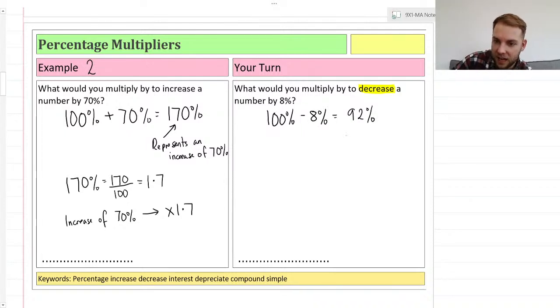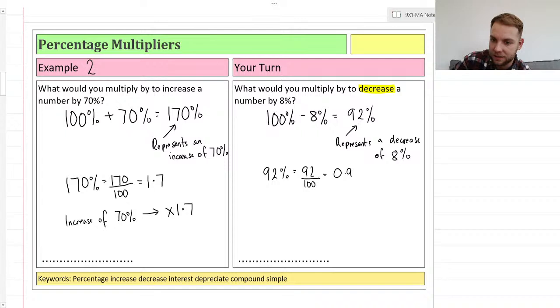So this here represents a decrease of 8%. Then to find the multiplier for this, it's going to be 92%, which is equal to 92 divided by 100, which is equal to 0.92.